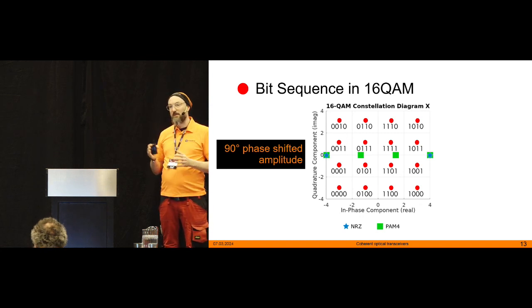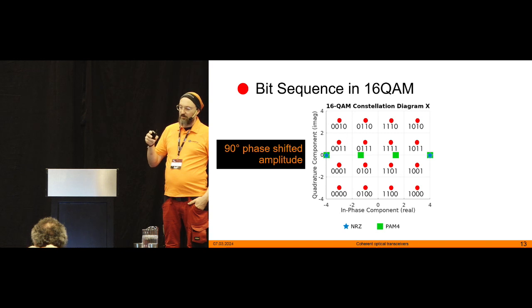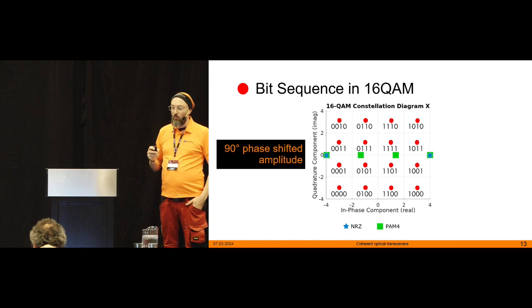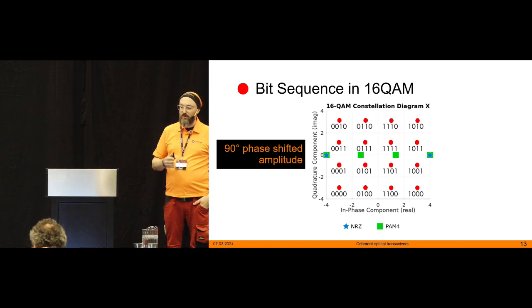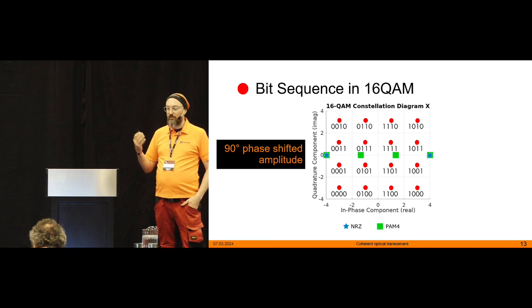The real part is in phase, and as a reference, I also pointed out the dots or squares in green, which is a PAM4 modulated signal. It's all in phase, so you have 4 states representing 2 bits per symbol. Or even the previous one mentioned at the beginning, on-off keying, only 2 states with 1 bit per symbol.